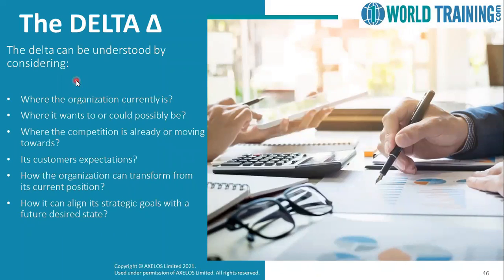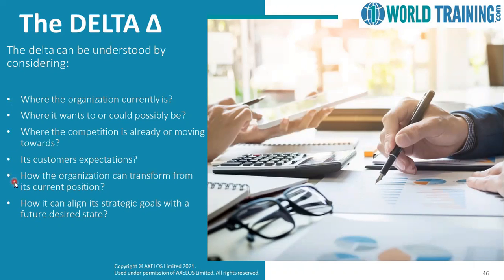How do organizations understand their delta? They can do this by considering the following. They need to understand where the organization currently is and where it wants to be or could possibly be. Also, they need to be aware of the competition, where the competition is already or moving towards. What are its customer expectations?